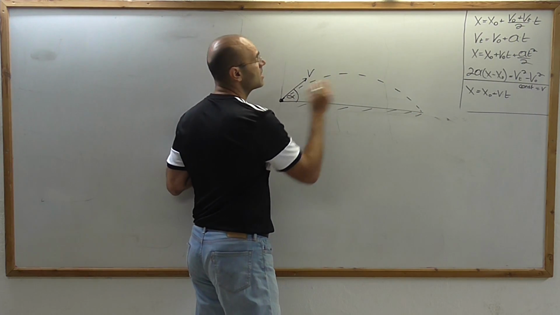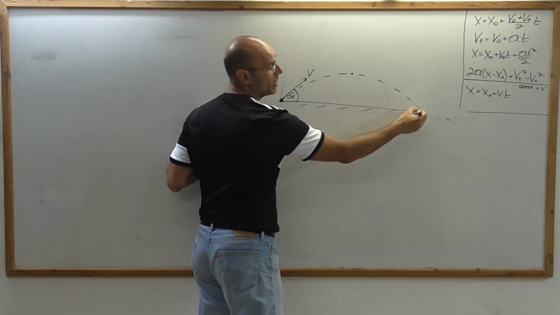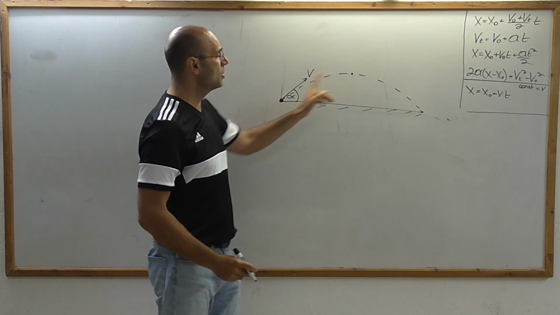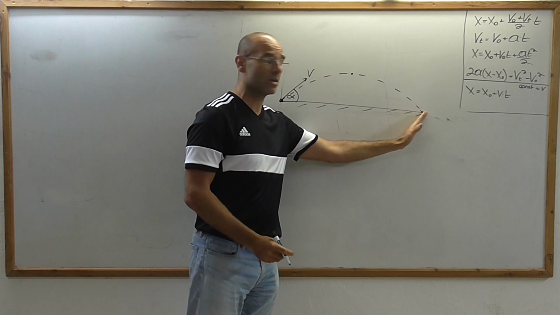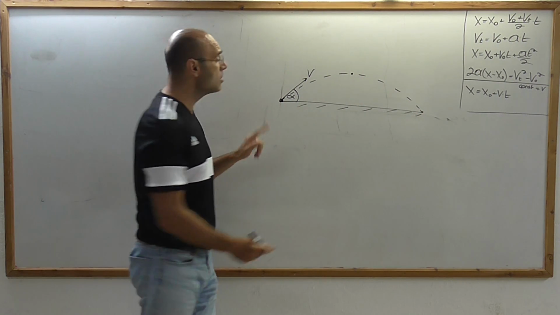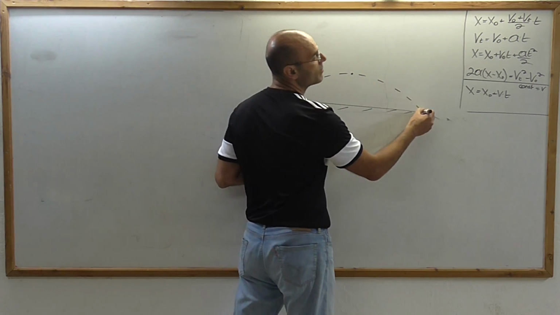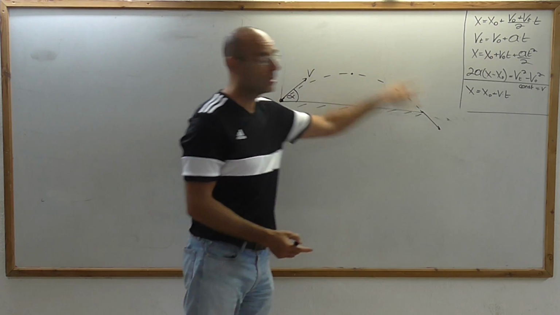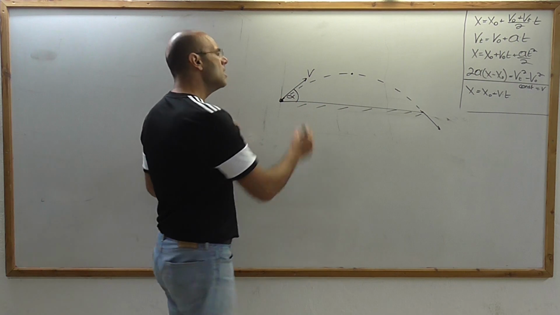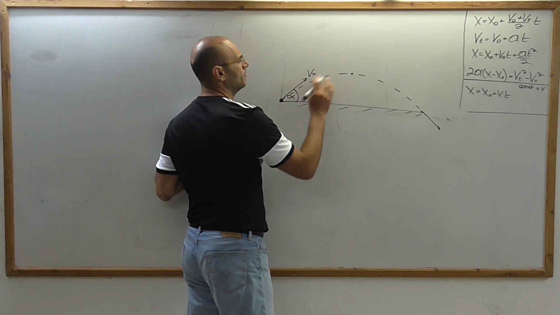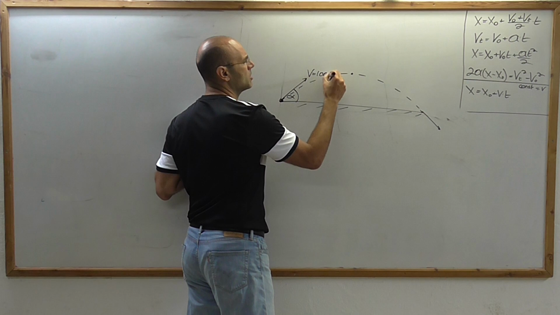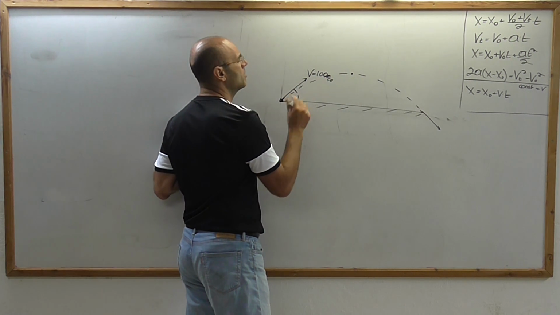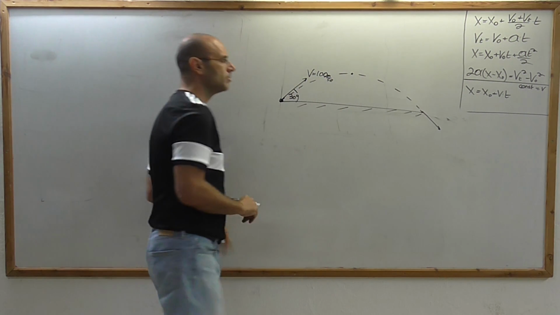So it means that if we look at the top, the time to reach here will be exactly the time to reach there. And we also show that the velocity with which it reaches the ground is exactly the same velocity that it started with. Let's put numbers now. Let's say this is 100 meters per second and the angle will be 30 degrees.